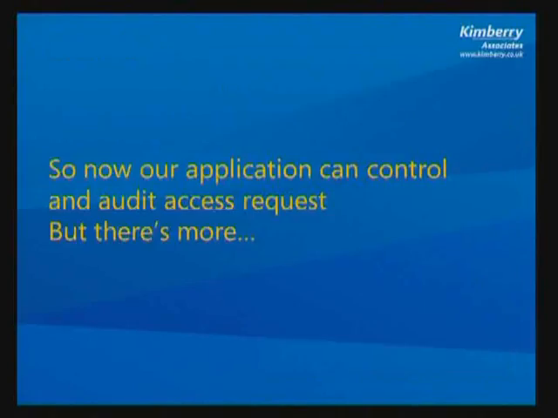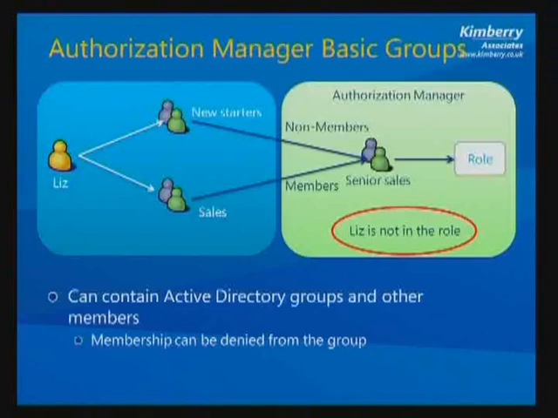Now, with application control and audit access, there's actually rather more that comes with it. We've got the ability to create authorization manager groups, and we can place users or Windows groups into that group. There's a nice little feature there, which is the ability of having non-members. The example I've got is Liz, who's in new starters. She just started with the company. She's also in the sales team.